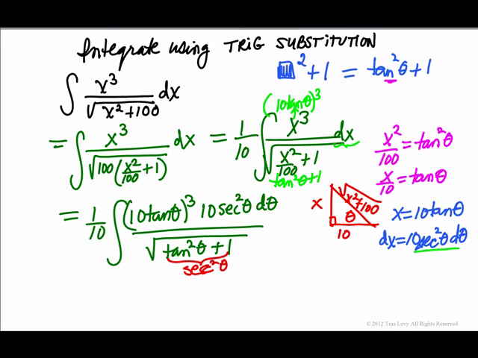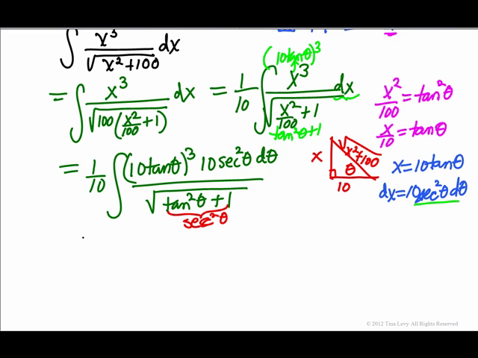Okay, so now, working this out, I have 1/10. The integral of 10 cubed is 1,000. And then I've got times another 10, so it's 10,000. Tangent cubed theta, I've got a secant squared theta d theta.